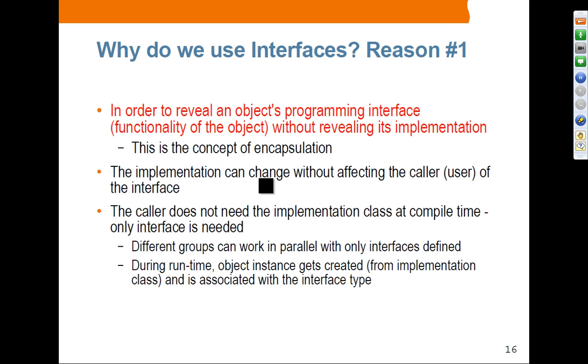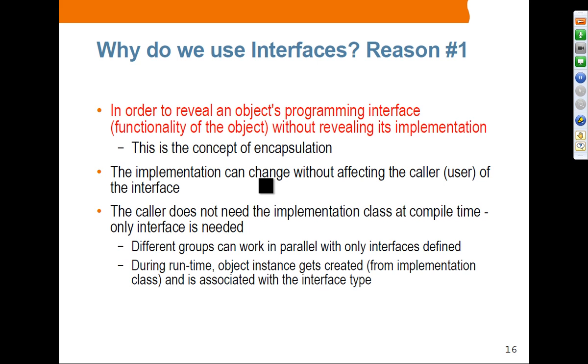In a reasonably good size application development, there could be several groups or multiple people working in parallel, and the only thing they have to agree upon is basically an interface. If each person is working on different functionality, the only thing they have to agree upon in the beginning is the interface, not the implementation. So they can work in parallel.